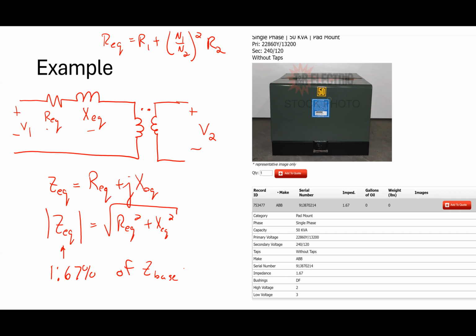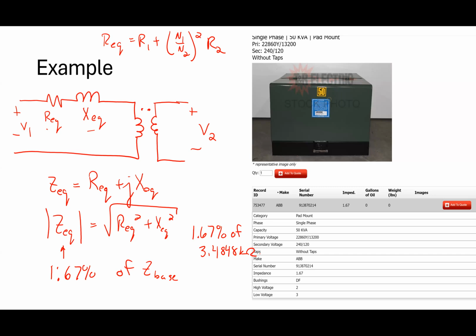So when I'm on the primary side, the way I drew this, where those impedances are on the primary side, the magnitude of the impedance is 1.67% of 3.4848 kilohms. So it should be a pretty small number.